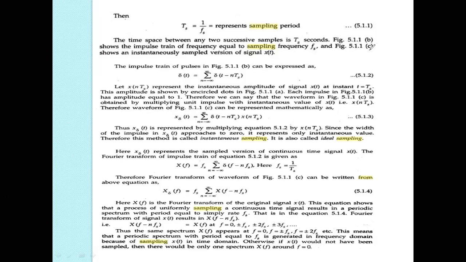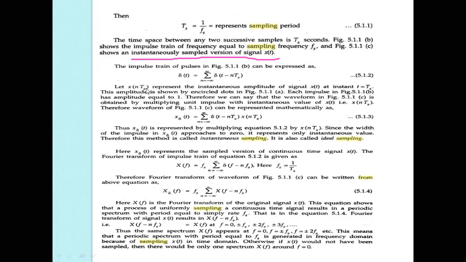The figure C shows the instantaneously sampled version of the signal x of t. Following, my students, the impulse train can be expressed as, I already told, the sum over n equal to minus infinity to infinity of delta of t minus n Ts.